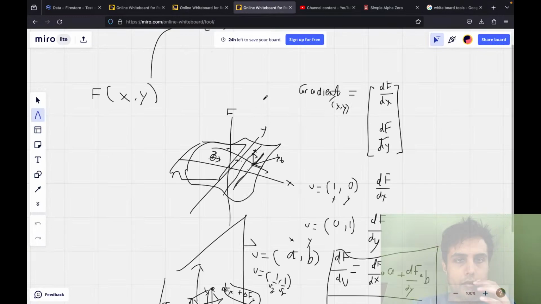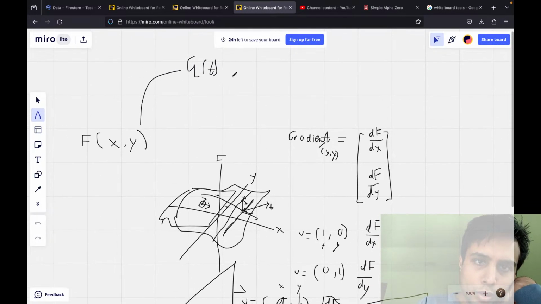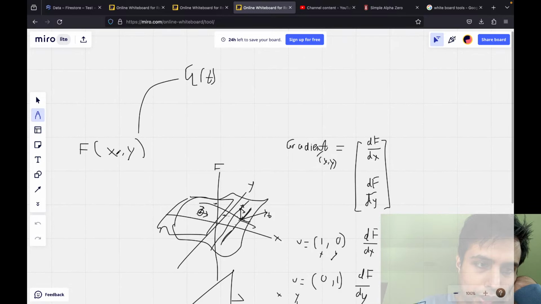Okay, that's good. So anyways, we look at x and y in terms of t. We have x equals a times t, and y equals b times t.